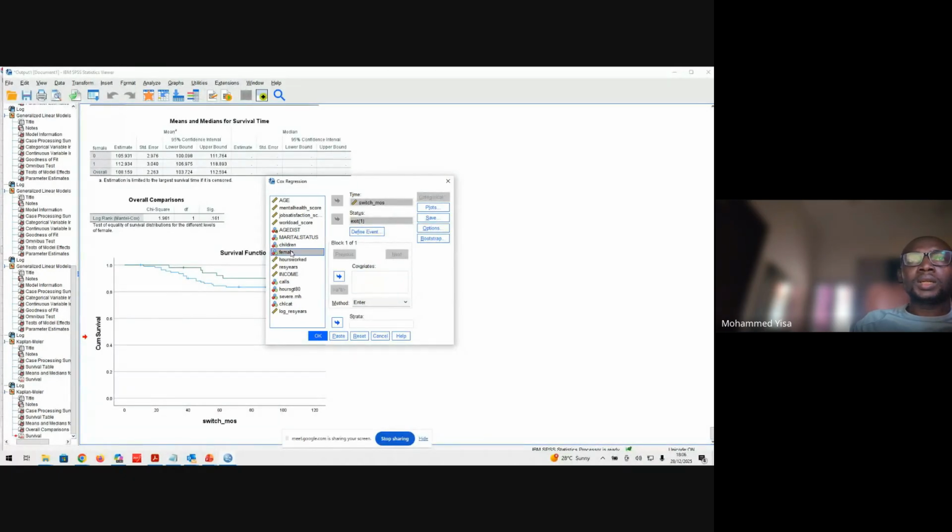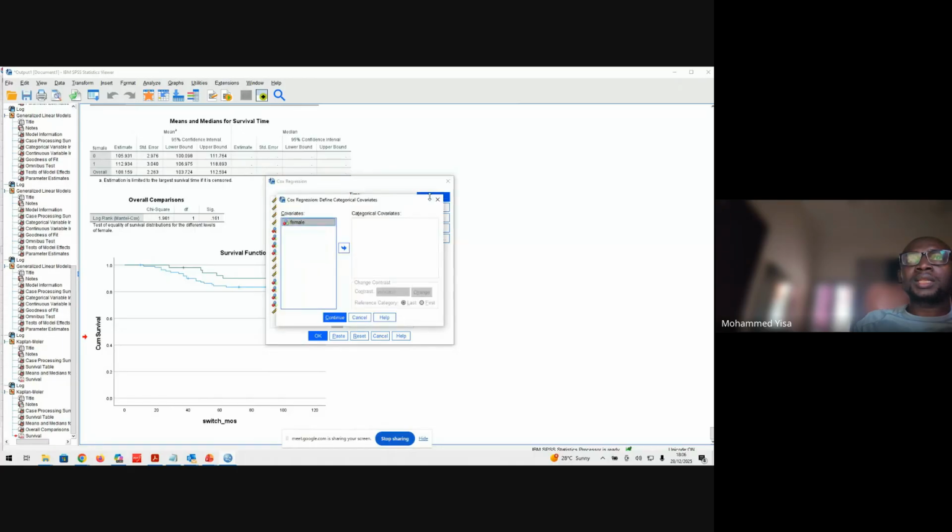And then here we would input covariates using our variable female. And then we'd come here to this option that says categorical to tell SPSS that actually this is a categorical variable. And like we said, 0 is the code for females and 1 is the code for males.